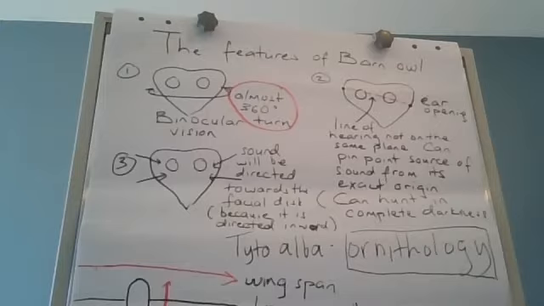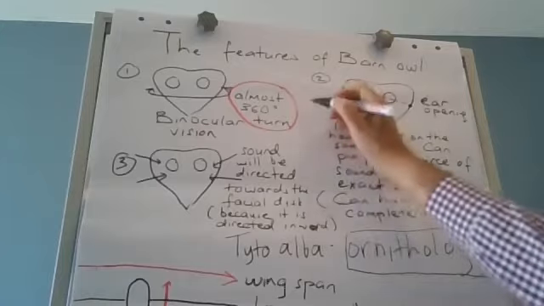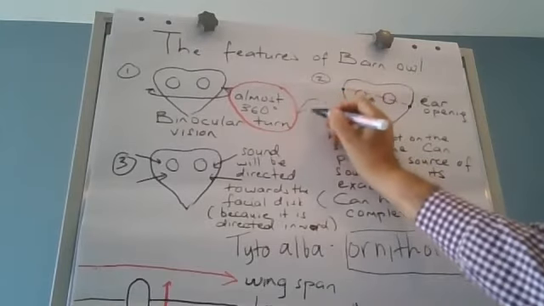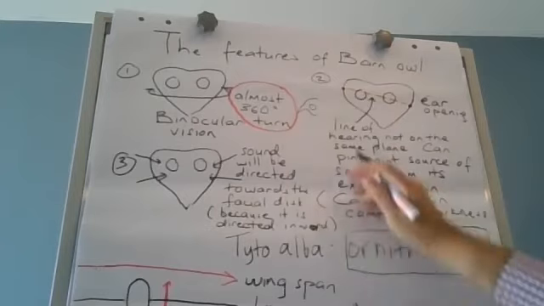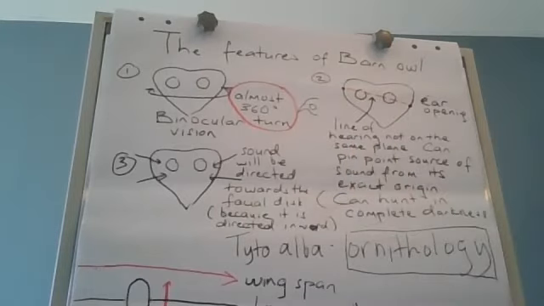Now, consider the eyes of other birds. For example, the magpie, the apa ni, gagak. So these birds actually have their eyes placed by the side. Not forward looking, but they can see sideways.